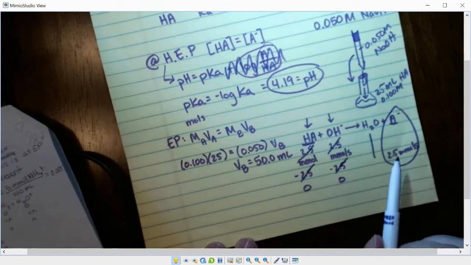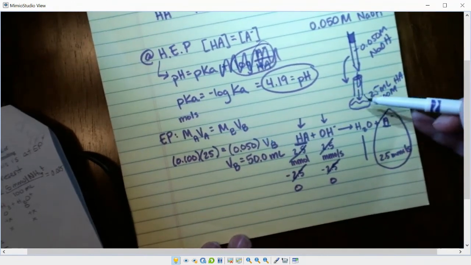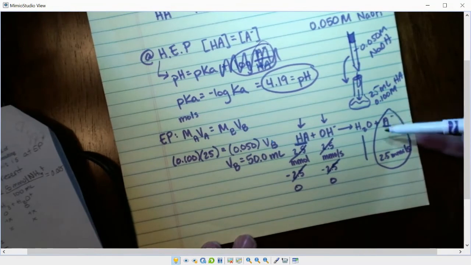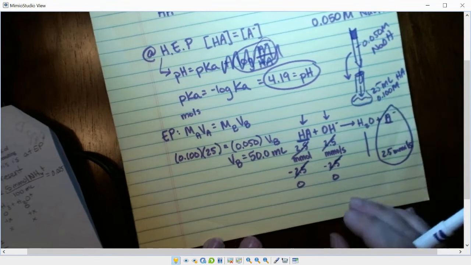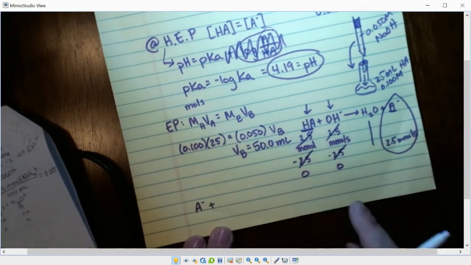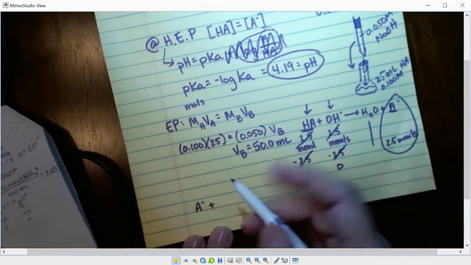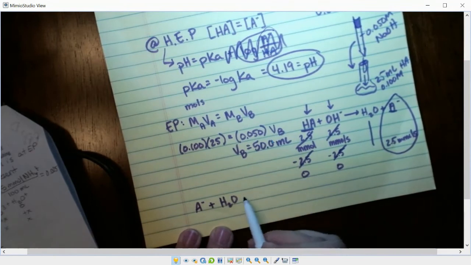Well, that's when we flip this reaction around, because the A minus can still do some stuff. It can still cause some reaction happening down here if that's the only thing that's left. And so now what we do is we write it as A minus plus water. Now it's going to do some stuff with the water.